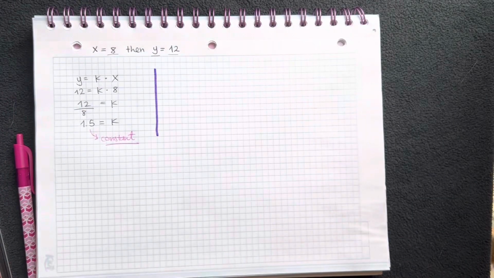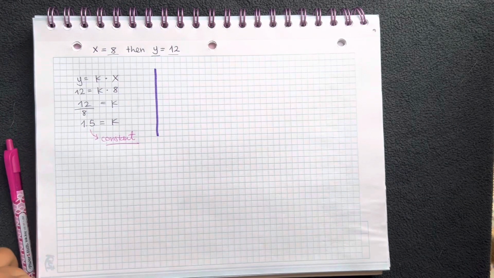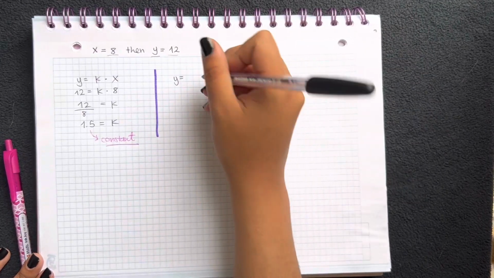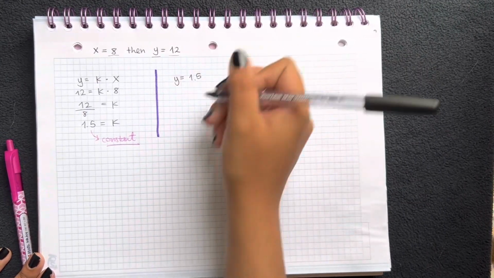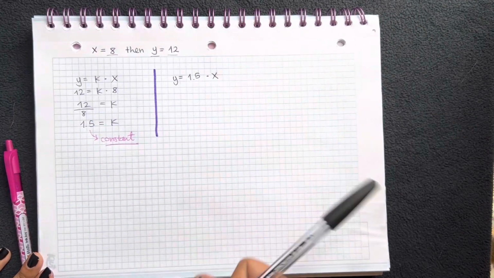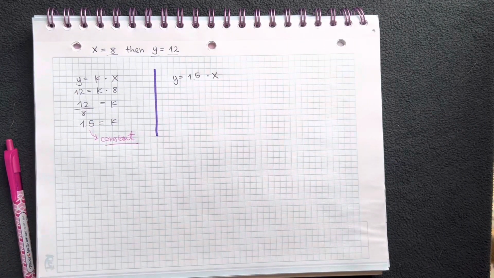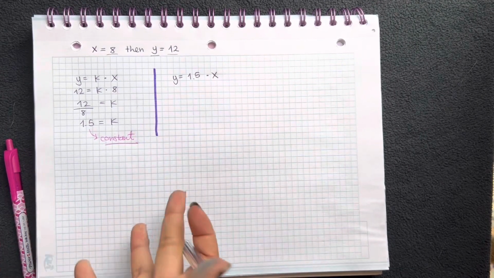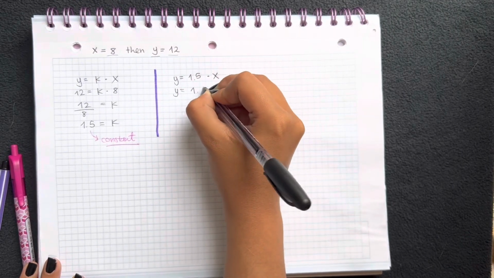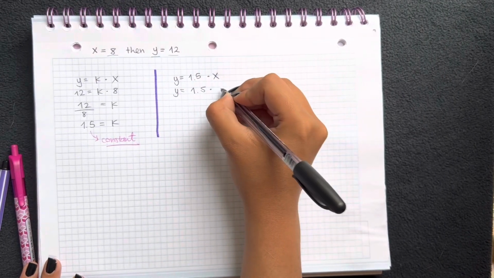Let's find the result of y when x is equal to 5. For doing that, we will say y is equal to 1.5, because remember, that is our constant, times 5. Now again, let's replace the values we already know. In this case, we're finding y, so we don't know it, so y stays like that, 1.5 times x.